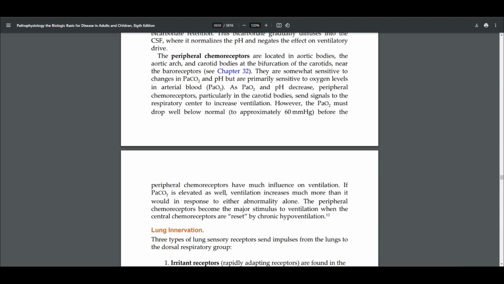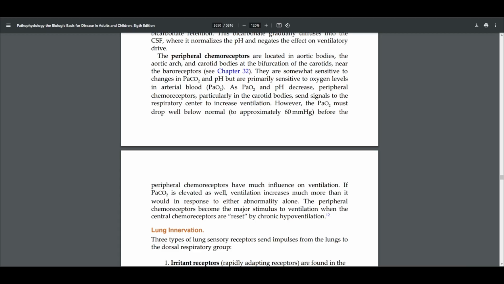Your peripheral chemoreceptors are located in the aortic bodies, the aortic arch, and carotid bodies at the bifurcation of the carotids, near the baroreceptors. They are somewhat sensitive to changes in PaCO2 and pH, but are primarily sensitive to oxygen levels in arterial blood, your PaO2. As PaO2 and pH decrease, peripheral chemoreceptors, particularly in the carotid bodies, send signals to the respiratory center to increase ventilation.